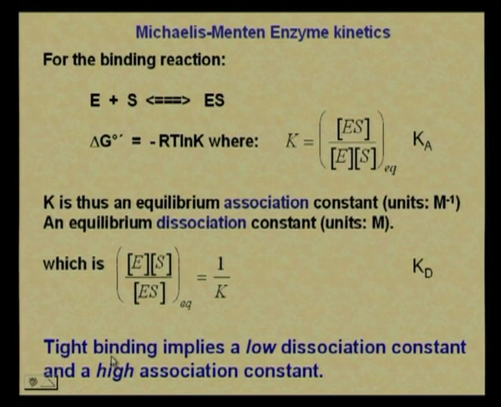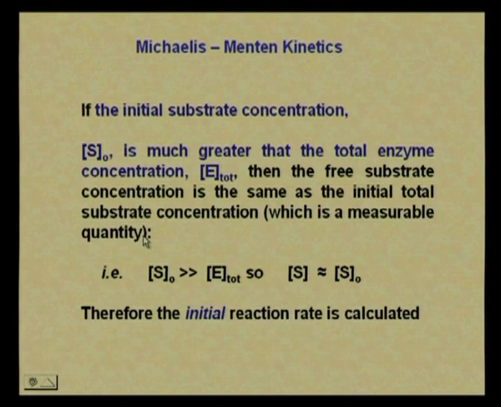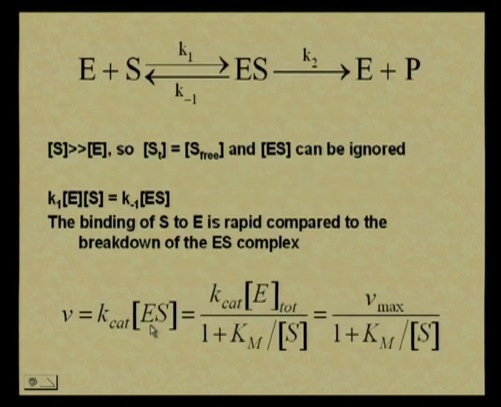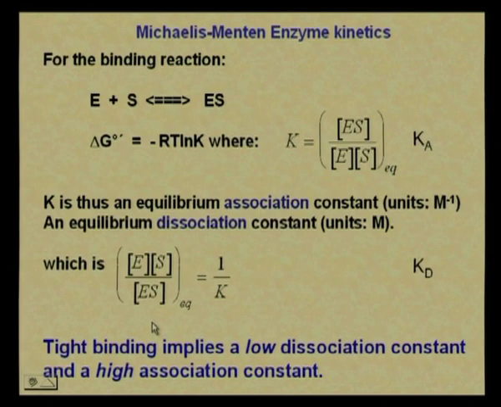If I have a tight binding, I will not have dissociation, so I will have a low dissociation constant, but I will have a high association constant, obviously, because 1 by K is going to be our dissociation constant. So, if I have a high association constant, it means that the enzyme and substrate complex are bound tightly.